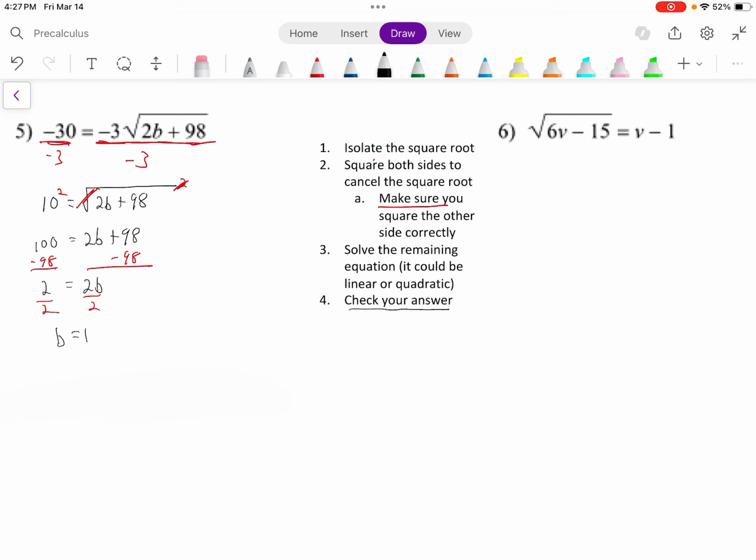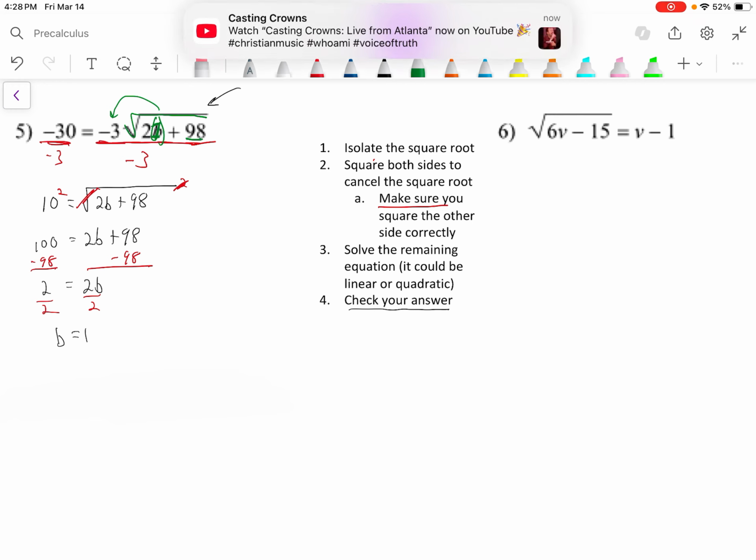So we'll plug in 1 for b. 2 times 1 is 2, plus 98 is 100. The square root of 100 is 10. 10 times -3 is -30, which does work. So b equals 1 is correct.